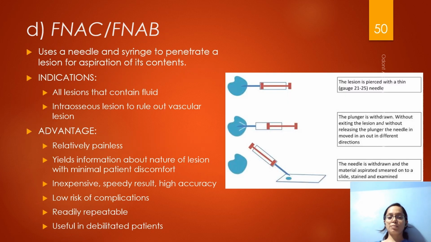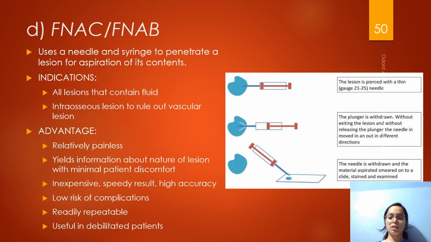Then fine needle aspiration cytology and fine needle aspiration biopsy. Here a needle and syringe is used to go within the lesion, and then the plunger is withdrawn as we are exiting out of the lesion, and the needle is also moved in all directions. Then we push whatever tissue sample has been collected onto our slide.